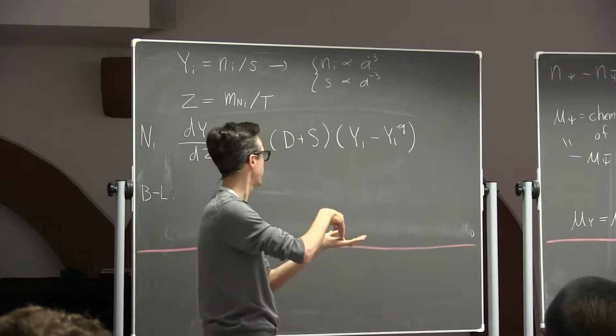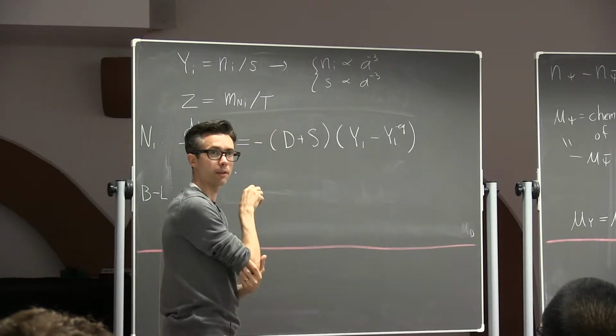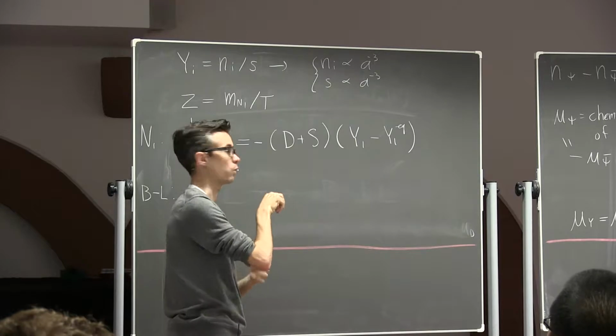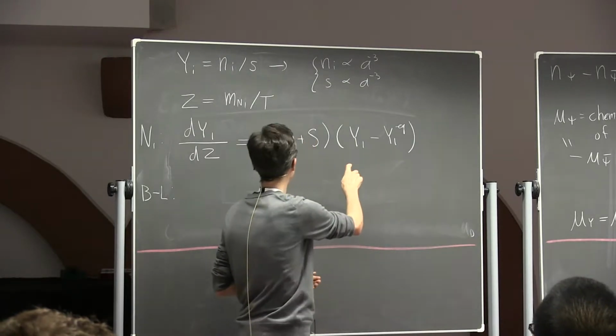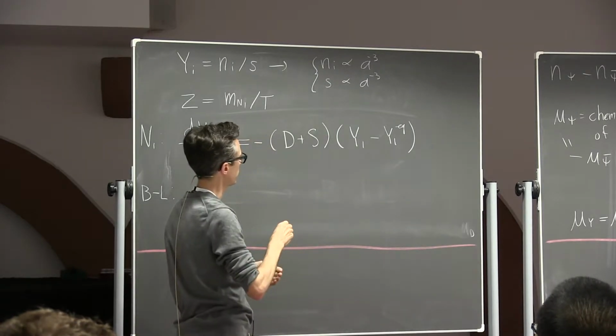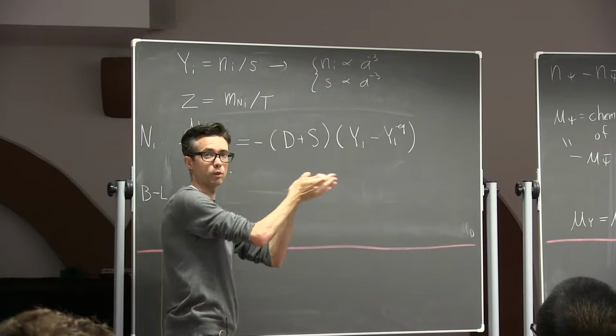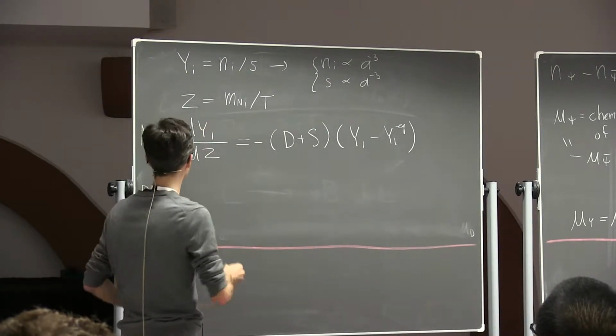It's going to push Y1 towards Y1 equilibrium. On the other hand, if I start with an underdensity of Y1, this term will be bigger than this. And the minus sign will hit this minus sign, and these reactions will actually push up the N1 density to the equilibrium value. So this is my Y1 equation.